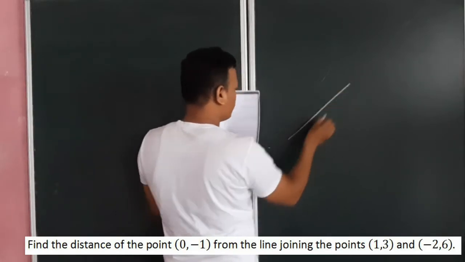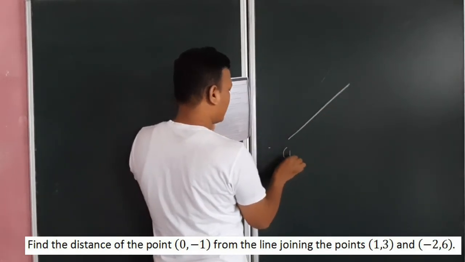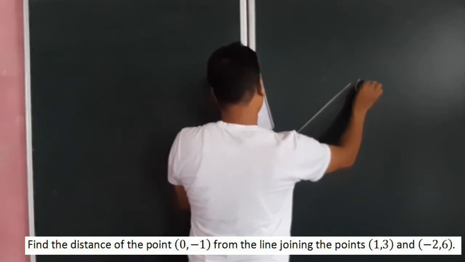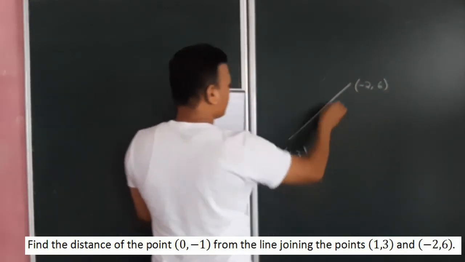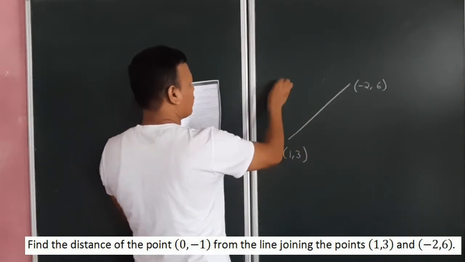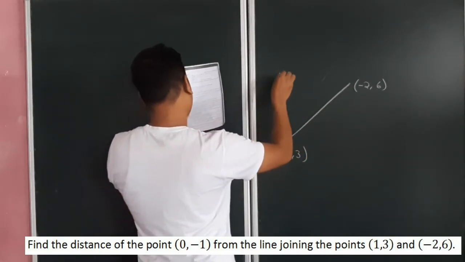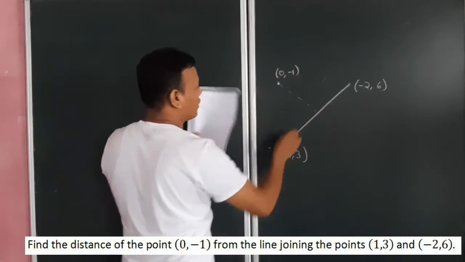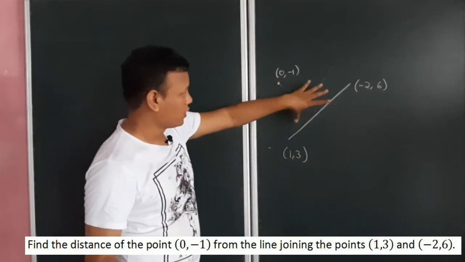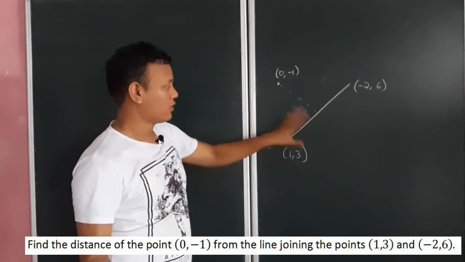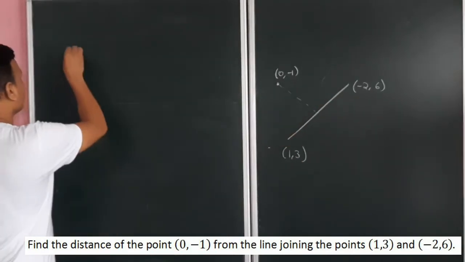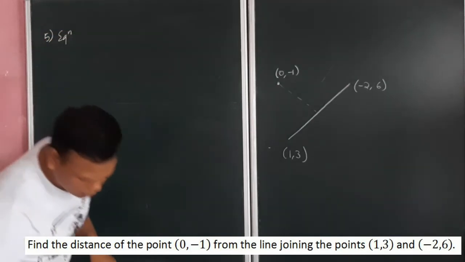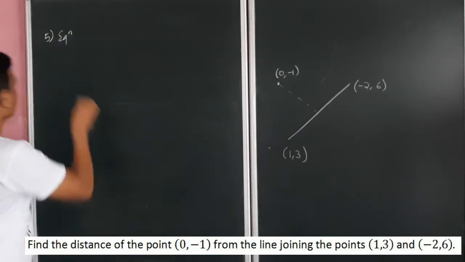So there is a line which joins these two, and you have to find the distance of a point, that is (0, -1), from this line. Basically this point is given, so we need to find what is the equation of this line. Okay, I'm sorry, this is question number 6.